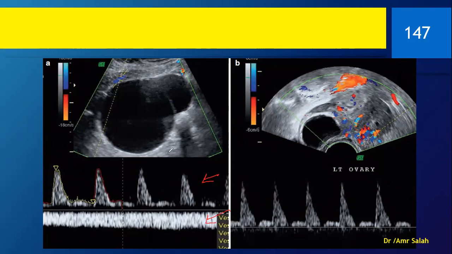So there is no torsion here. But look at this. There is here arterial flow. Does this exclude torsion? No, because there is no venous flow. There is no venous drainage. So this is ovarian torsion, in its primary phase.